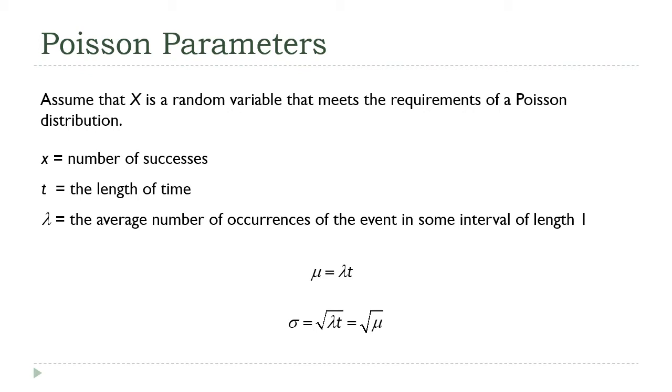These are the same three parameters that we had in our formula. And these are our formulas for the mean and standard deviation. The mean is the average rate times the time, and the standard deviation is just the square root of the mean.